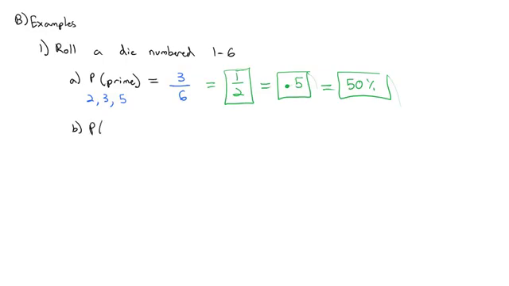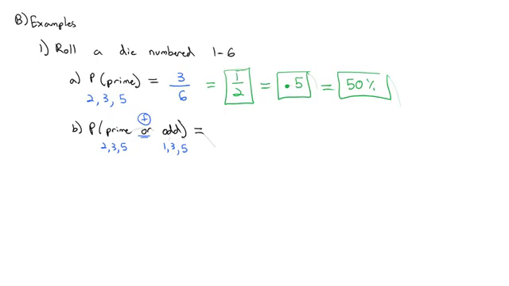Let's do the probability that we get a prime or an odd. Or implies that we're going to be doing some addition. So again, our primes are 2, 3, and 5. The odds are 1, 3, and 5.